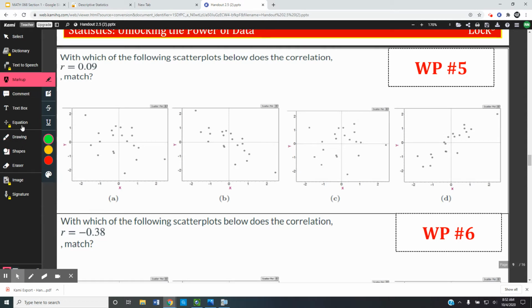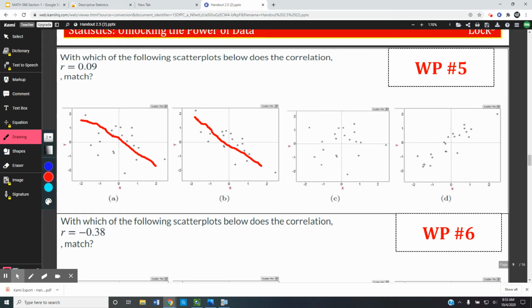So when we're talking about a positive R value, this trend line has to go in an upward direction. Has to. First of all, this trend line is going downward here. This trend line here is going downward here. This trend line is going upward, and the dots are pretty good.